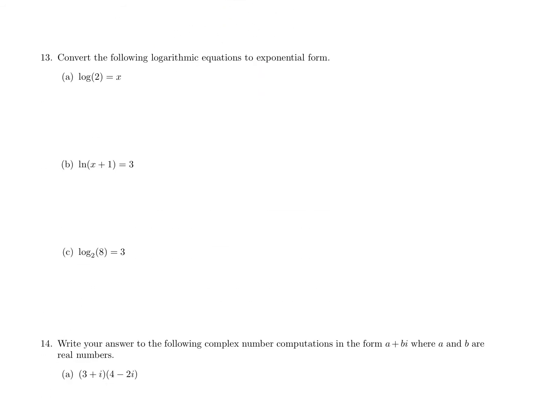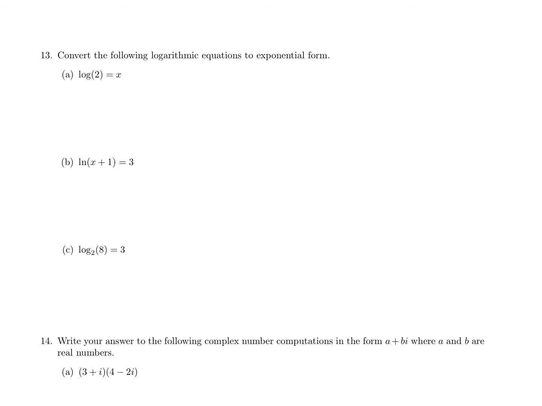Number 13, convert the following logarithmic equations to exponential form. So when you're converting to exponential form, you want to first identify the base. So the base is the subscript right after the log. In part A, there's nothing written there, so it's understood to be a 10. So it's 10, and then remember your exponential looks like this.